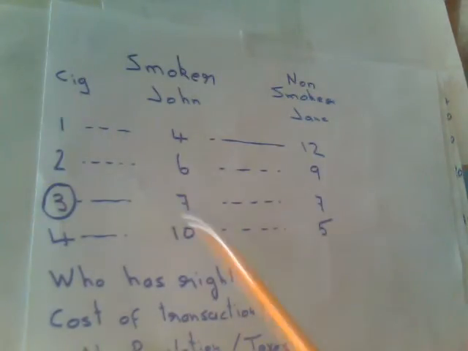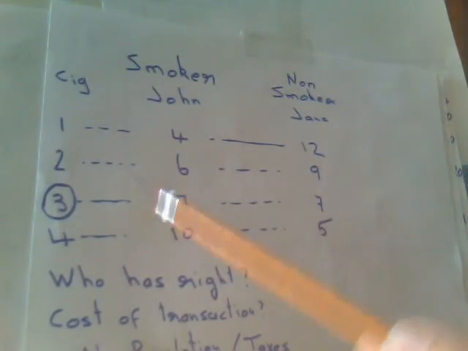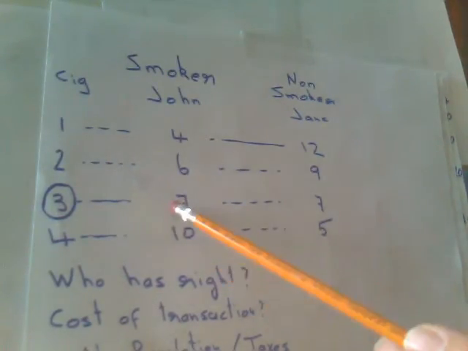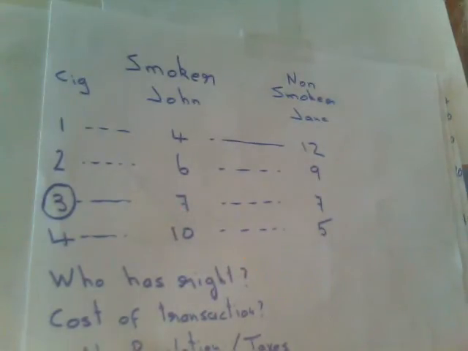We go right now to the third cigarette. Now, it has become a little bit more difficult for the smoker to quit smoking, and so he demands $7 to cut down 3 cigarettes. The air right now has become cleaner, and so it doesn't mean as much to the non-smoker, and the non-smoker is willing to pay 7.